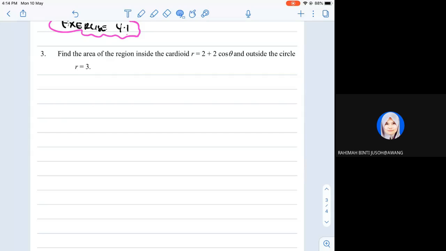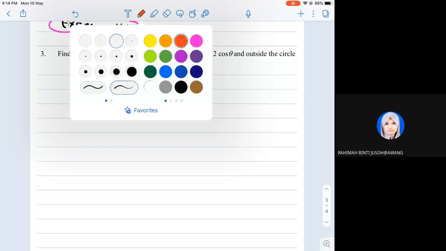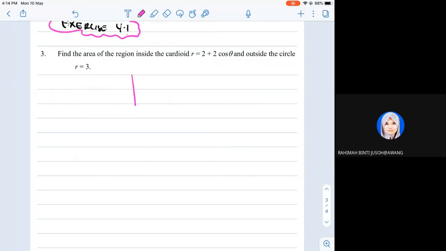Okay, find the area of the region inside the cardioid and outside the circle. Alright, so let us sketch the region first. We have X, we have Y here. So 2 plus 2 cos theta should be located on the right hand side. Oh, but first I would like to sketch a circle first. We draw the circle first, it is easier to start with the circle.